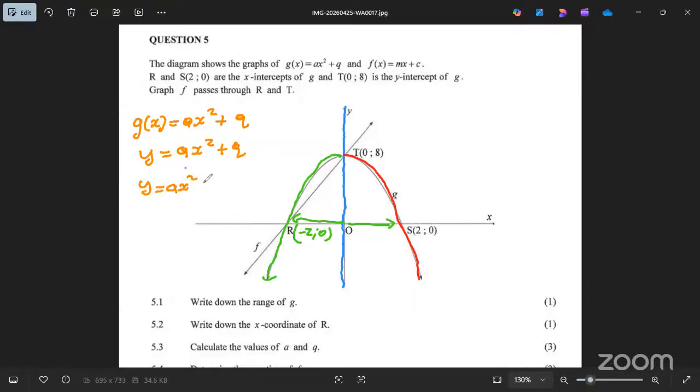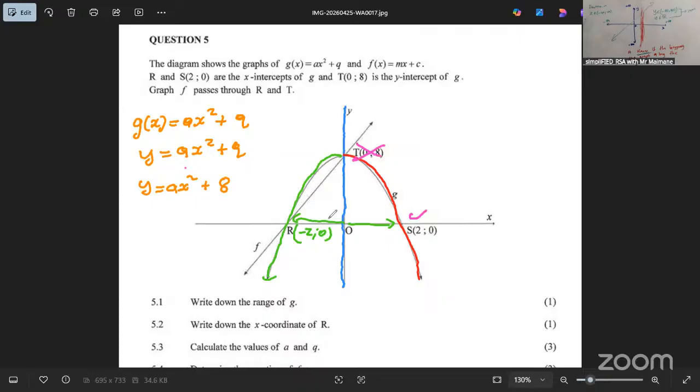Yes. And then since you have q, you have to find A. And then to find A, you can't use that point anymore because you've already used it for Q. Either use this one or this one to find A. So if we use S to find A, where there's x we put 2, where there's y we put 0. So 0 is equal to A times 2 squared plus 8.